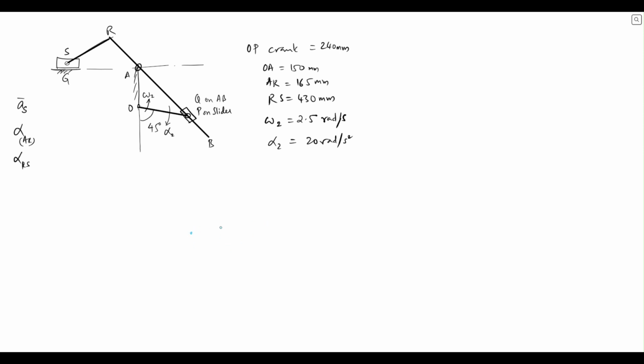So first, we will try to draw the velocity diagram. We can start here. We know P on the slider has a velocity which is going in this direction, orthogonal to OP.